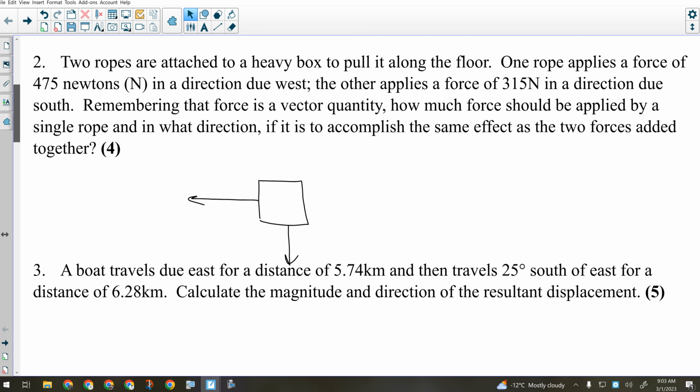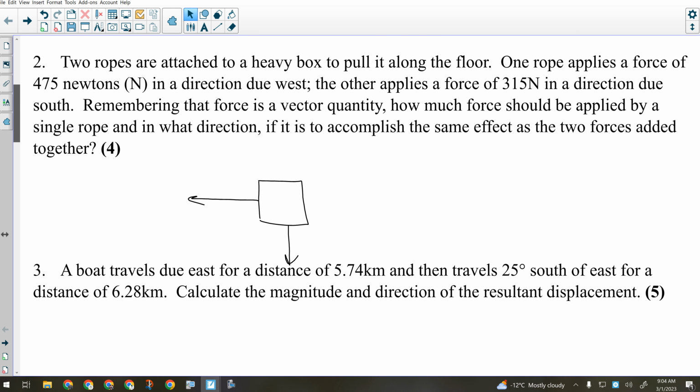Follow the rules for adding vectors. We always draw vectors in a certain way, and so we need to make sure we understand that we have to do it that way. So make sure you draw it right, I guess is my point here.